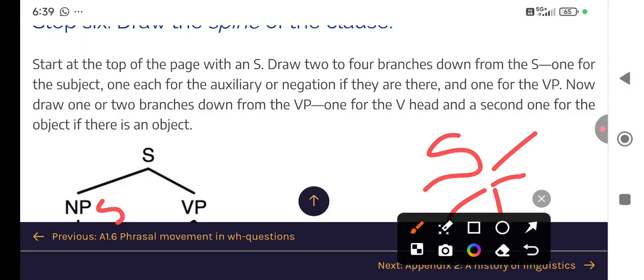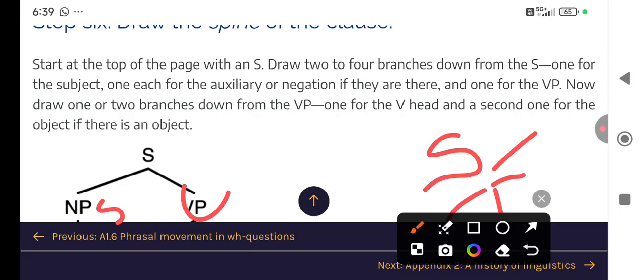That's the subject or noun phrase, and one each for the auxiliary or negation if they are there, and one for VP, that's a VP.